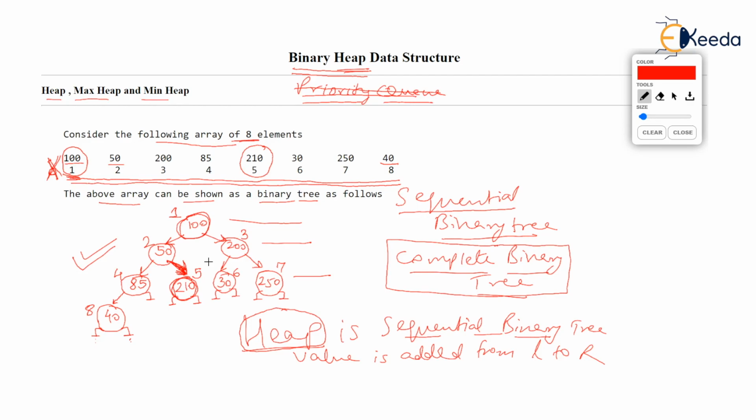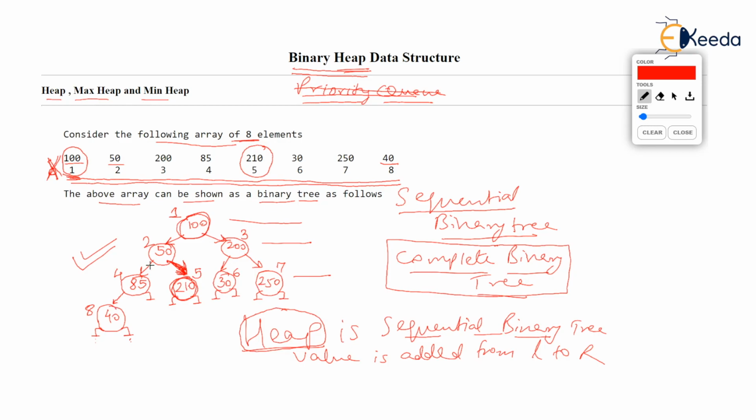Okay. What you do is, you do an exercise with me. You don't look at the array for some time, but look at the binary heap and read the elements in sequence from left to right. You will see 100, 50, 200, 85, 210, 30, 250, 40.